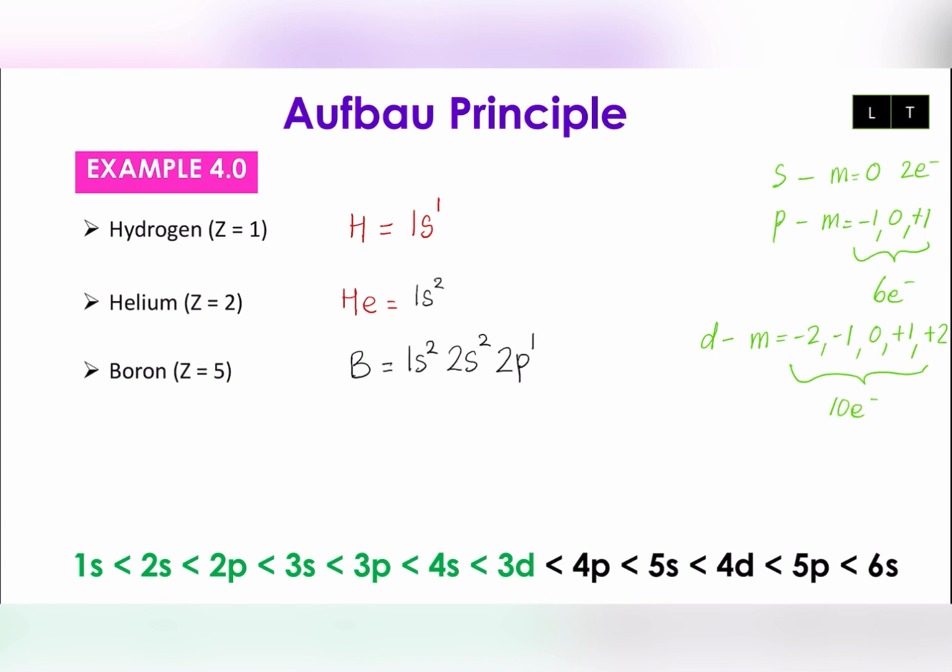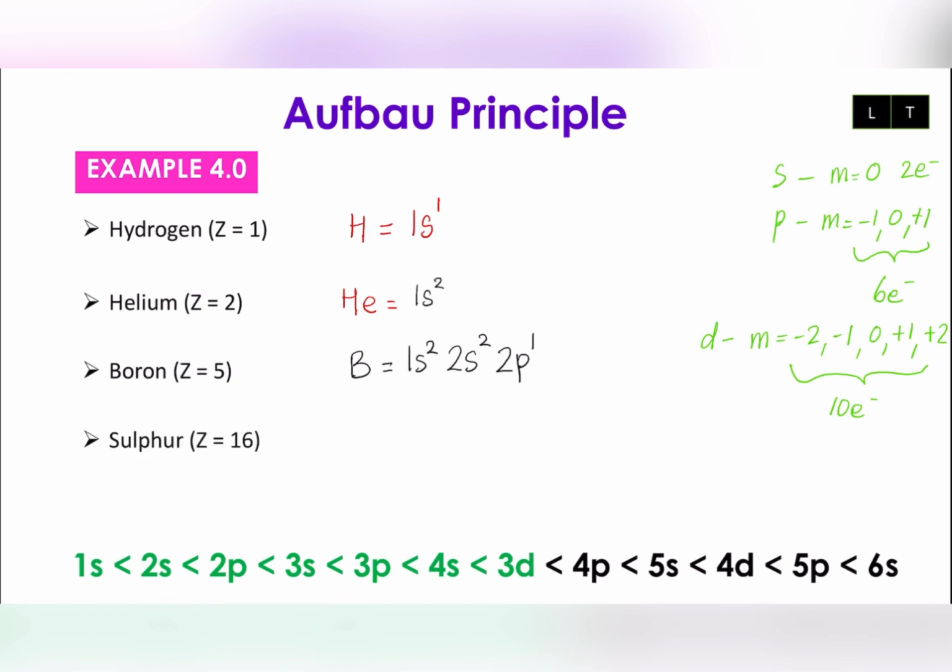This is how I'm going to fill in my electrons for a specific orbital: 1s and 2s, maximum 2 electrons; 2p, 6 electrons; 3s, 2 electrons; 3p, 6 electrons, and so on. So this is how we apply quantum numbers into the Aufbau Principle, because they are related to one another.